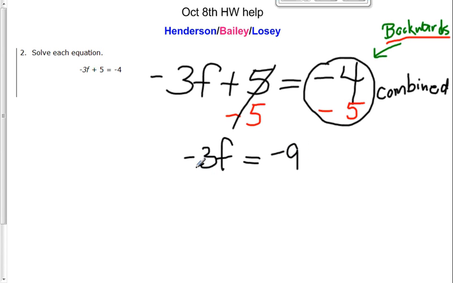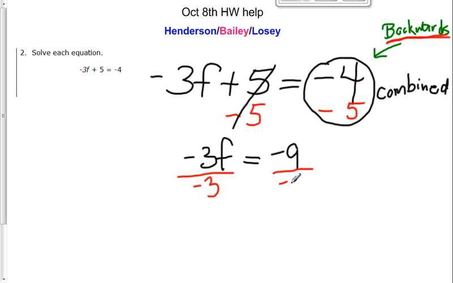Well, again, they're saying negative 3 times something is giving us negative 9. Or I'm sorry, did I say negative 9? Negative 3 times something gave us negative 9. I still have to work backwards again. So the opposite of multiply would be to divide by 3. That way I can undo it. If I do it to one side, I have to do it to the other side.